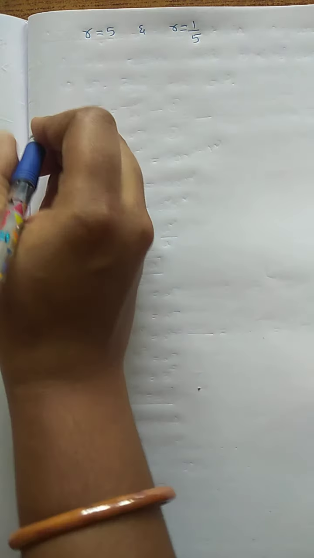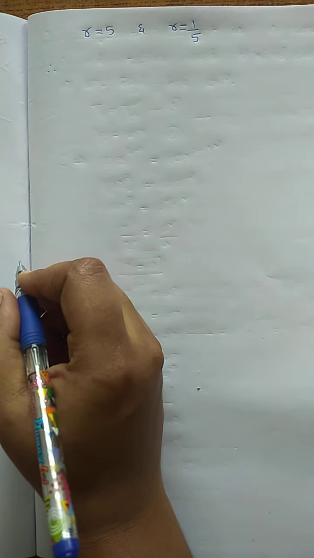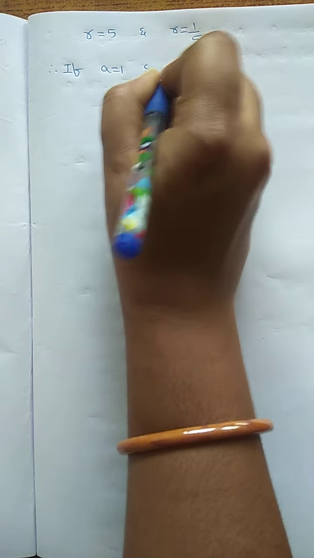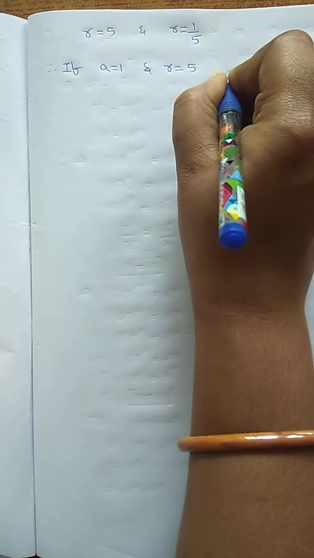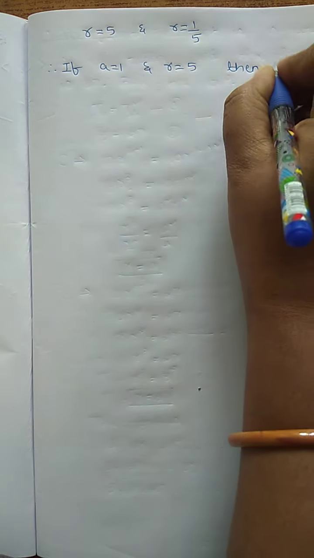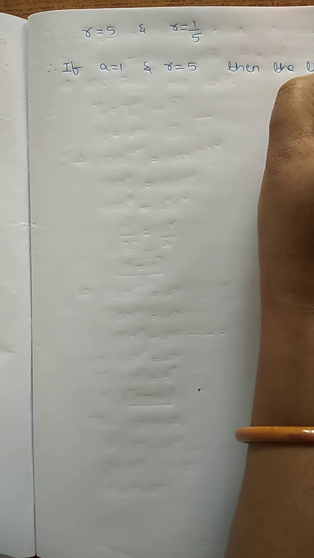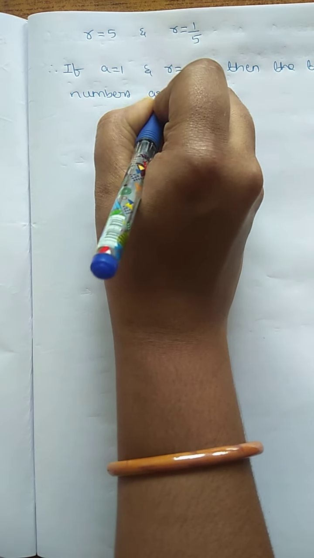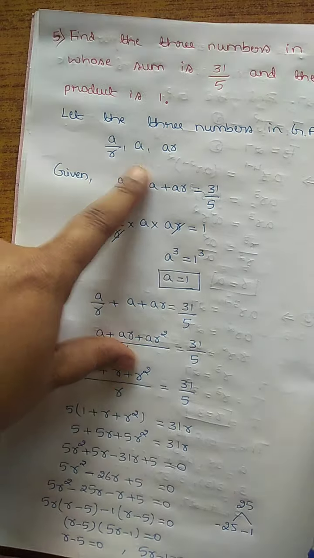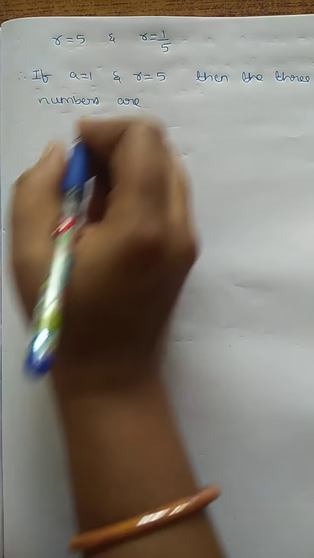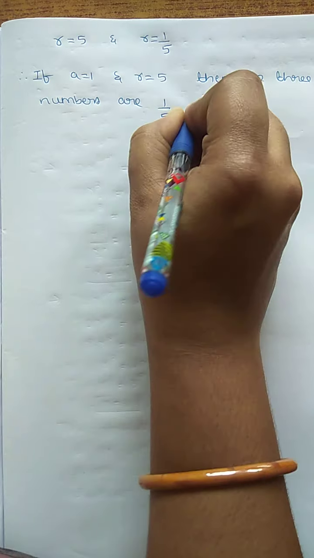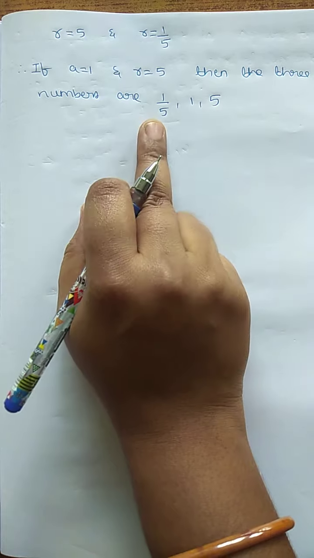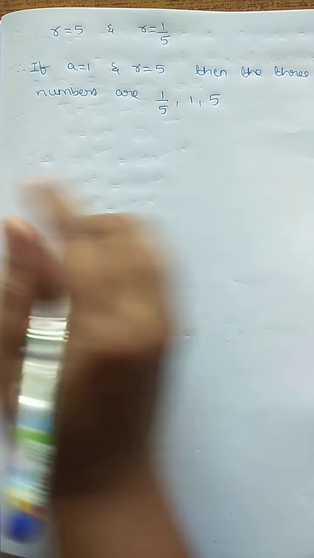Therefore, the 3 numbers are, see here, 2 cases. If A equals 1 and R equals 5, then what are the numbers? A by R, A, AR. A by R means 1 by 5, then 1, then 5. So if A equals 1 and R equals 5, the numbers are 1 by 5, 1, 5.